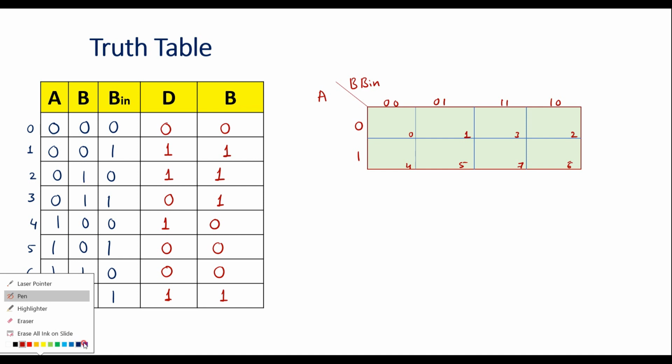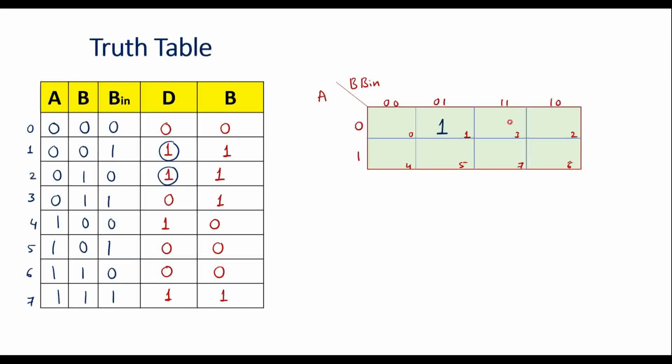Now let me write the values. In the difference column we have 1 for decimal number 1, so in cell number 1 we write 1. Here we have 1 for cell 2, 1 for cell 4, and 1 for cell 7.